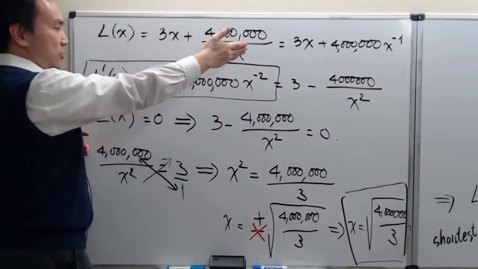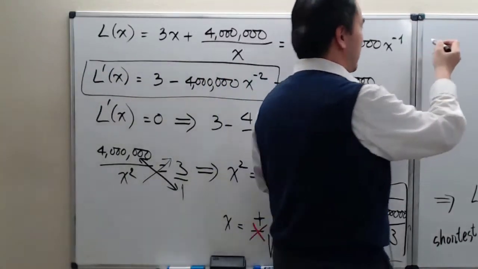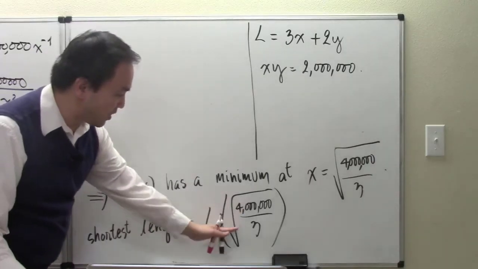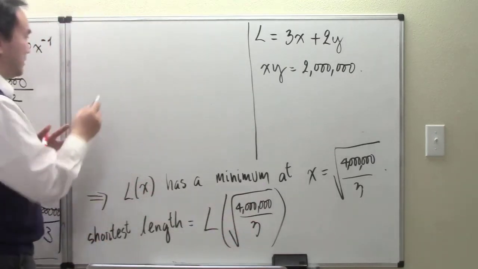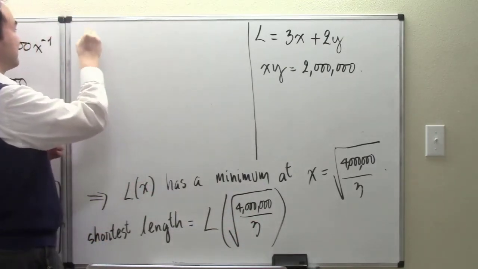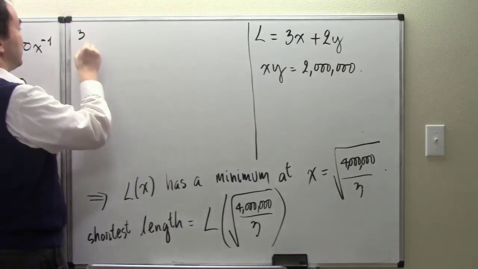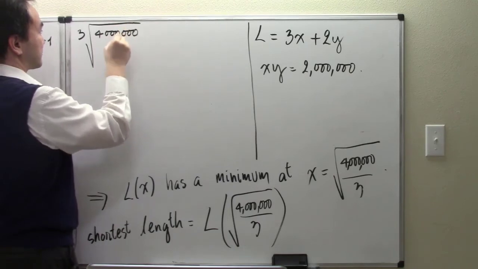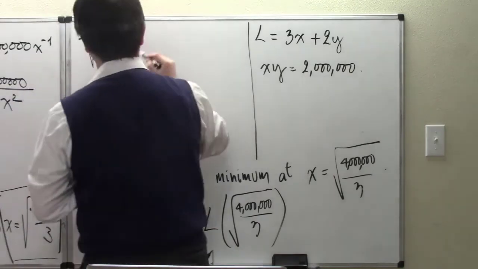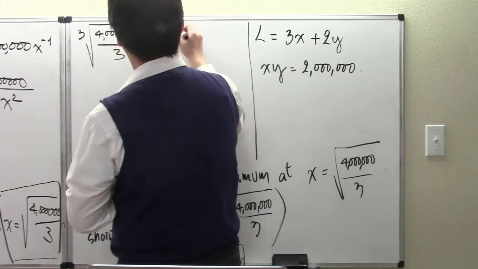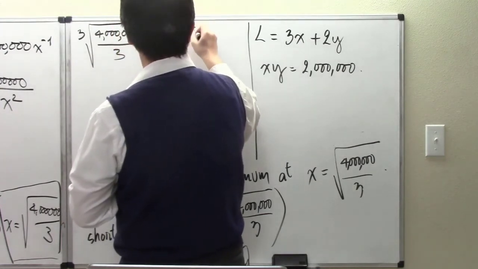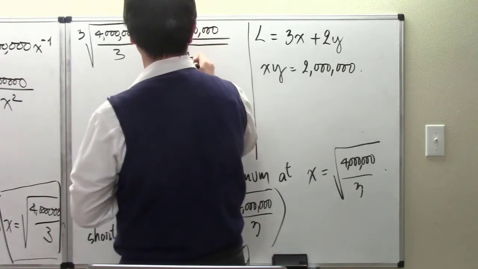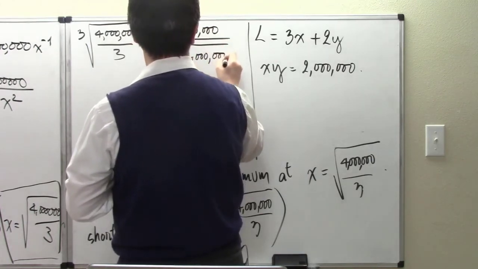So L of square root of 4 millions over 3 is now 3 times square root of 4 millions over 3, plus 4 millions over square root of 4 millions over 3.